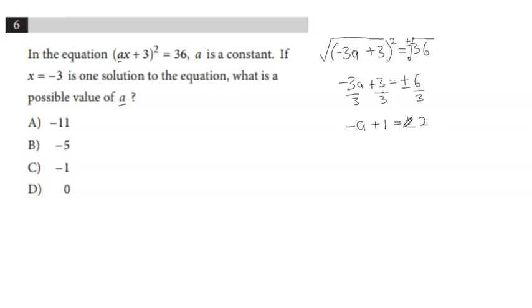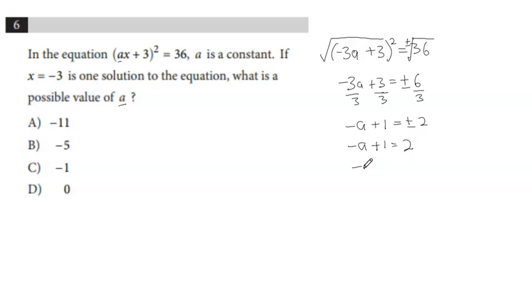So this actually comes up with two equations that we need to solve. One is for plus 2, one is for minus 2. So let's go with the plus 2 first. So I'll go with minus a plus 1 equals plus 2, and then solve for this.